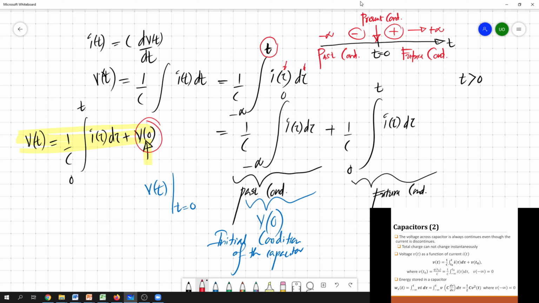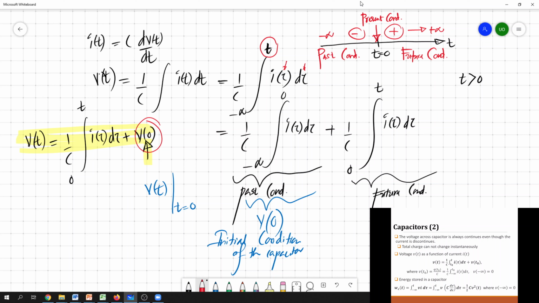So this is very simple. It is like replacing an indefinite integral, meaning integration without proper limits, where you simply add a known constant to the integral formula. Likewise, we have this initial condition which captures the initial state of the capacitor.